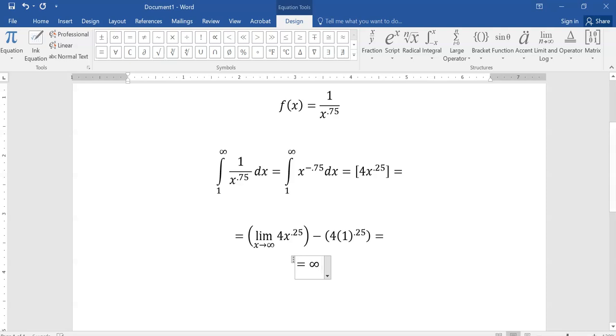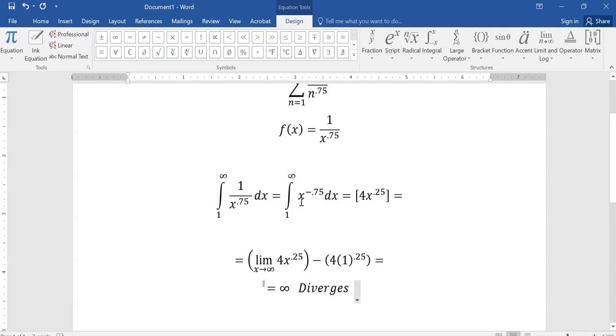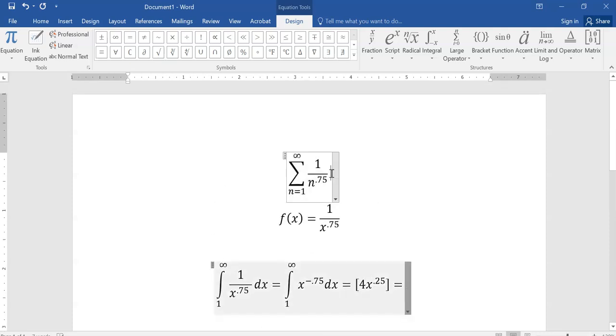And that means that this integration diverges. And so that diverges, therefore this infinite series also diverges. Okay? So it's that straightforward.